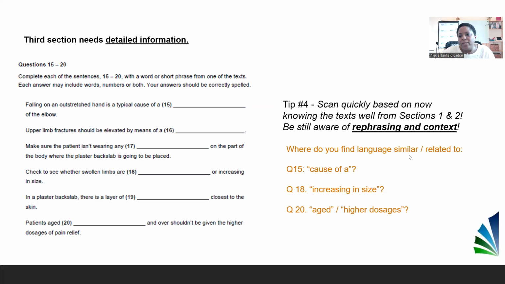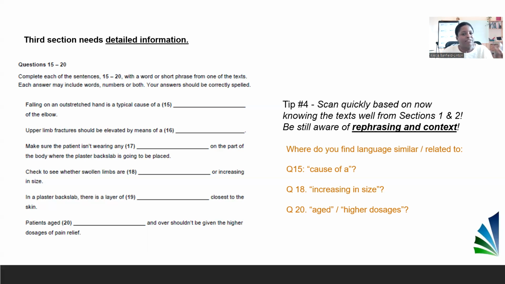Where do you find language similar or related to a cause of A? First, rephrasing. What other bits of language mean the same thing as cause of A? Results in, results from, causes, cause of A, consequence can be.